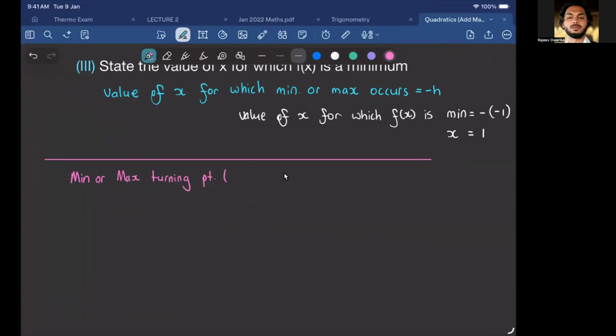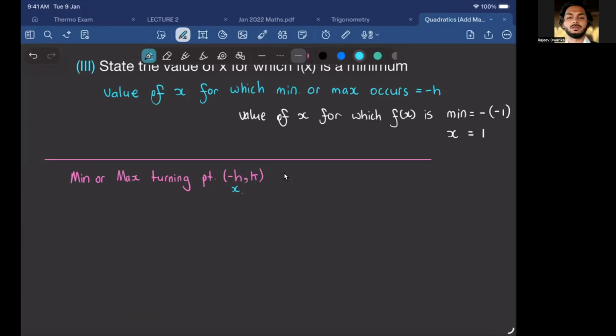It'll be given by what? (-h, k). And minus h would correspond to an x value, and k would correspond to a what value, Caleb?